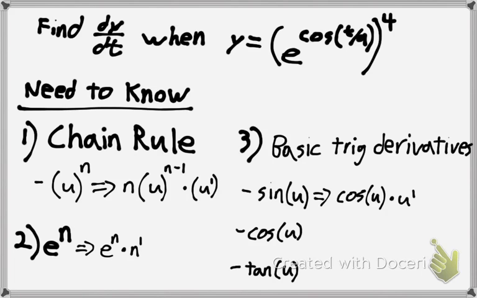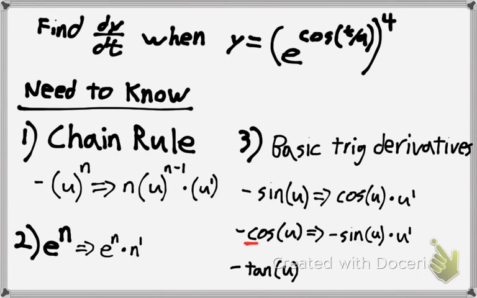And u is, once again, anything. So now you have cosine of u, and the derivative is negative sine of u times u prime.